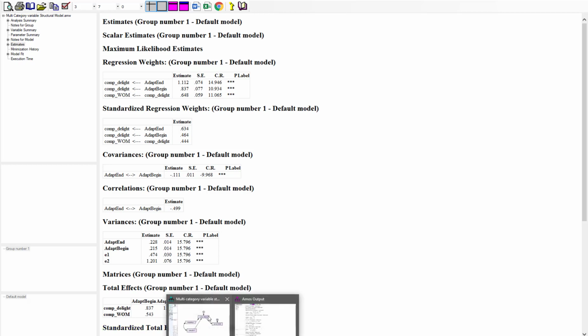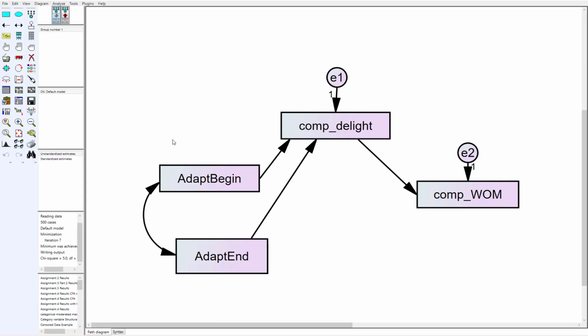Well, what you could do is go back and dummy code those again, just to have a single independent construct. Then you would dummy code, let's say, just adapt begin as 1 and adapt end as 0, and you would just ignore the reference one if you simply want to look at the difference between the begin and end from a statistical standpoint. So you can isolate that effect.